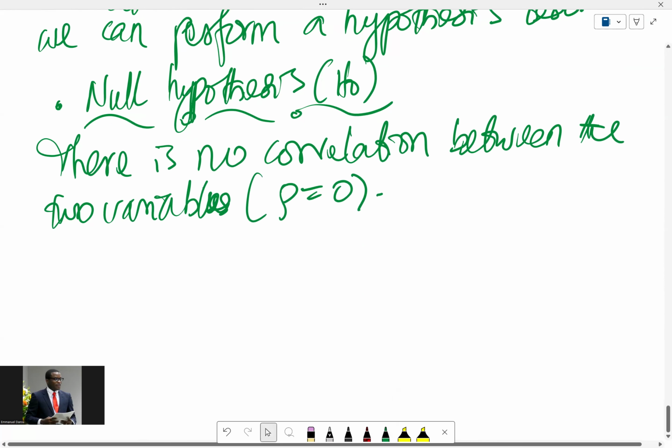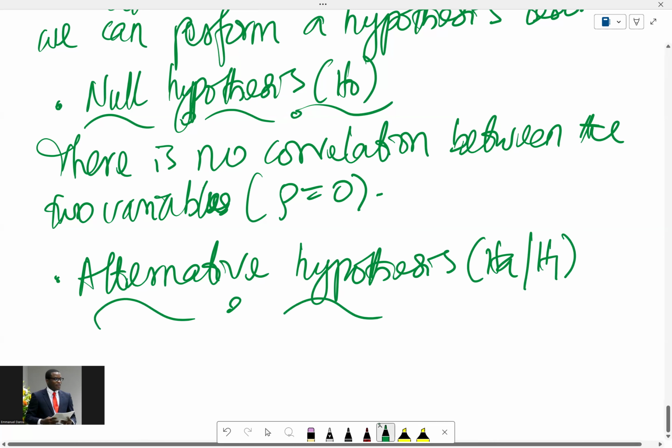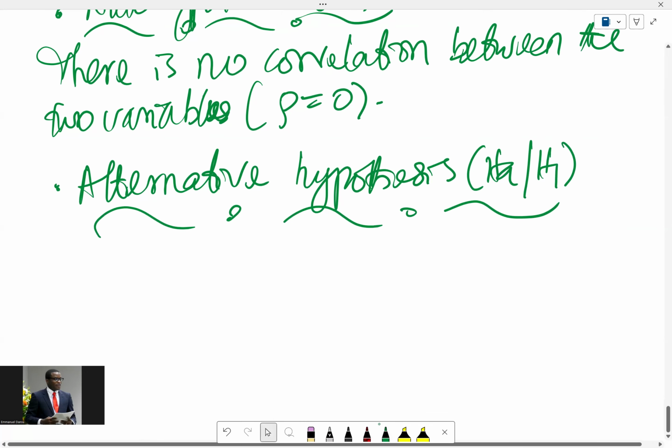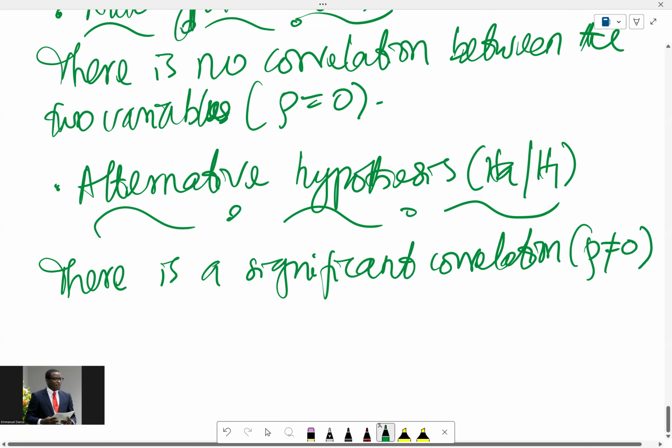And then we have the alternative hypothesis. Call that HA or H1, any one you choose, and that will be that there is a significant correlation. So rho is not equal to 0.